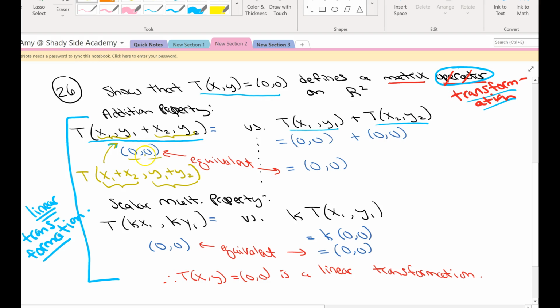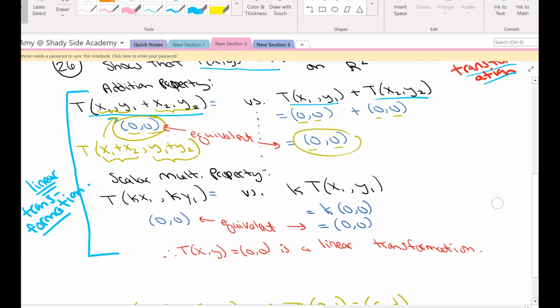Okay, well, let's take a look at the transformation applied to u plus the transformation applied to v. Once again, the output is 0, 0 for both, and then when you add it is 0, 0. The fact of the matter is that these two are equivalent. Let's try the scalar multiplication property.